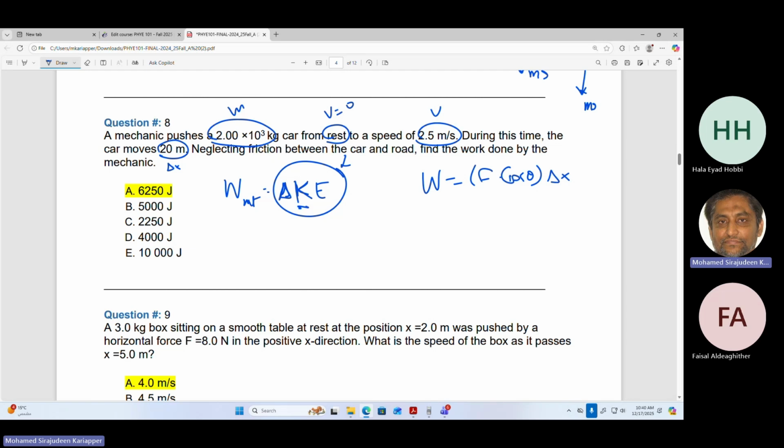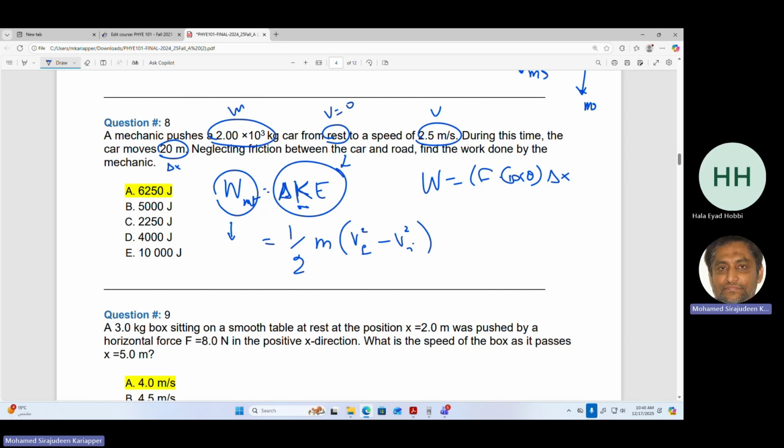This whole thing is given to us, and the work done by the force is equal to the change in the kinetic energy. So all I do is calculate the change in the kinetic energy, and that will give me the work done by the mechanic. Here we are neglecting friction, so there are no other forces. The net work will be simply the work done by the mechanic.